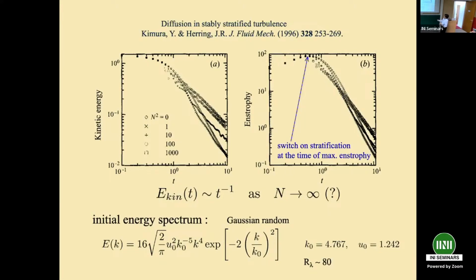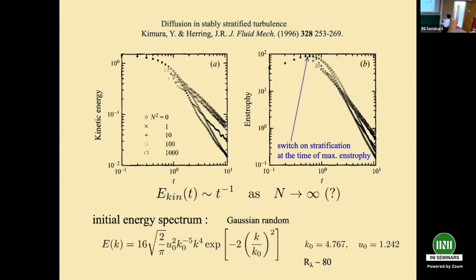First we run the Navier-Stokes simulation without stratification, so it is decaying turbulence. Kinetic energy decays in any event, but enstrophy increases a little bit until a certain point, producing very thin worms.